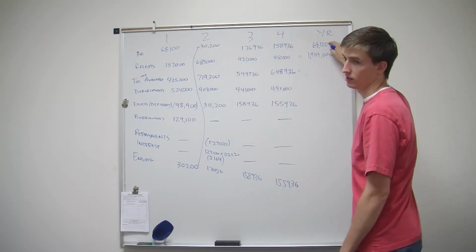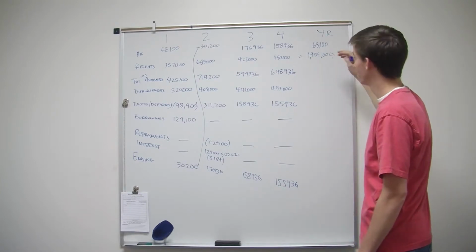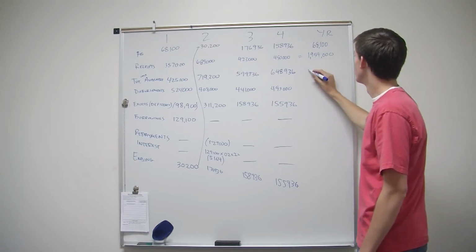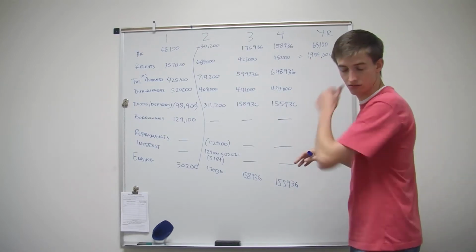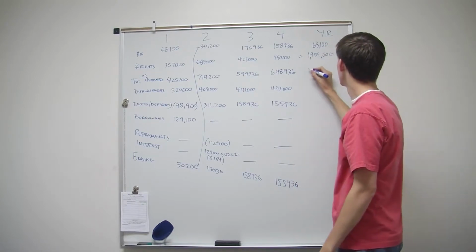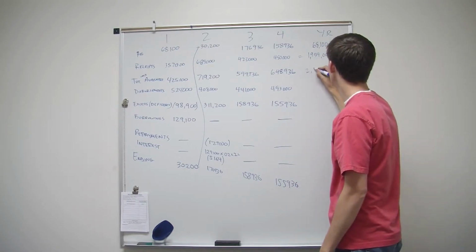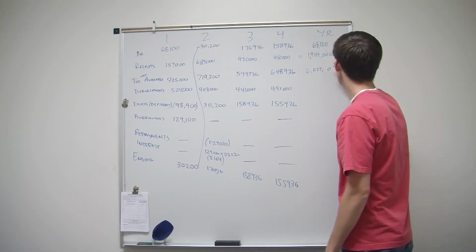But we only have the beginning here. So we're just going to go straight down the line like we did. So what is that? 68,100 plus 1,959,000 should be 2,027,000.